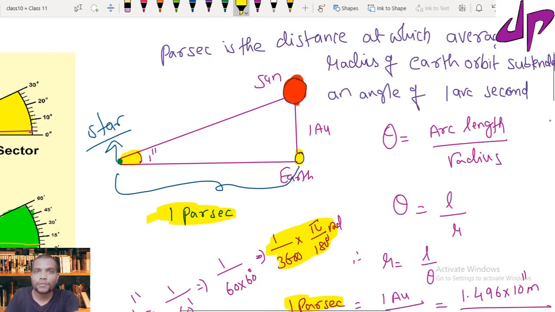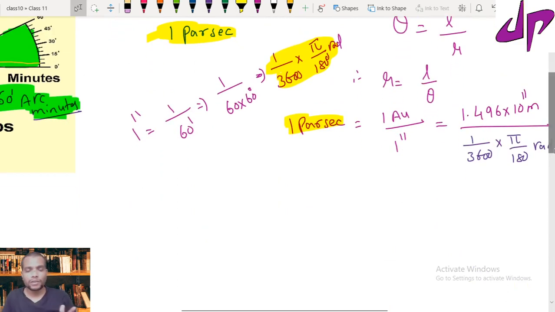So this angle of 1 arc second is what we defined to calculate in terms of parsec. So finally you can remember the parsec is the largest length measuring unit.